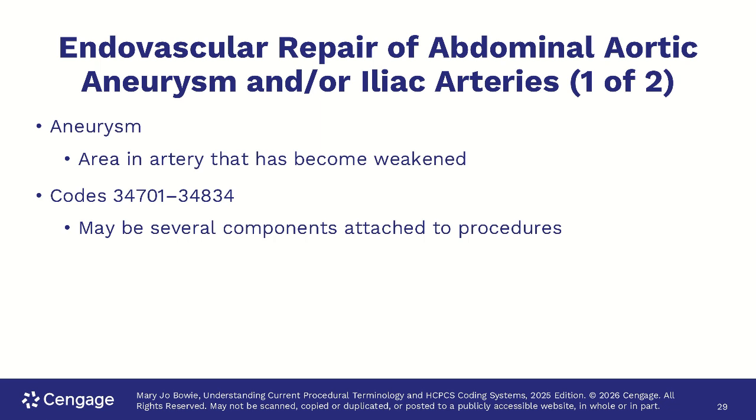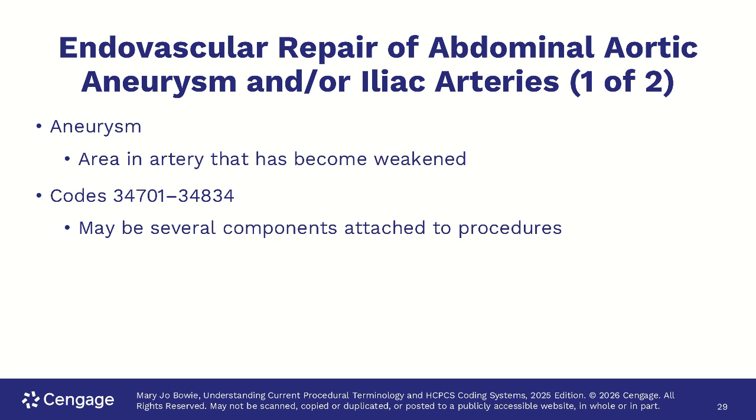All right, endovascular repair of a triple A, abdominal aortic aneurysm, and/or iliac arteries. So an aneurysm is an area in an artery that becomes weakened, which, with each pulse of blood through the artery, the weakened area balloons out or expands, causing more weakness of the vessel.